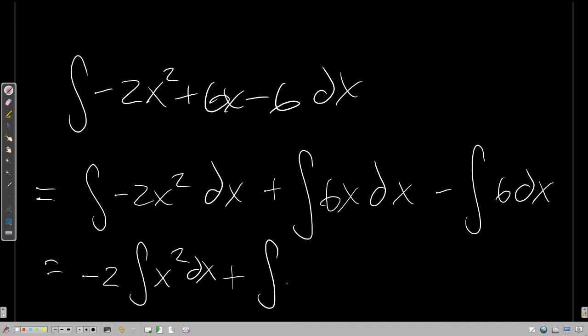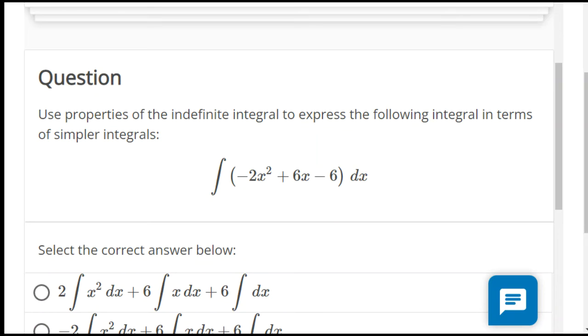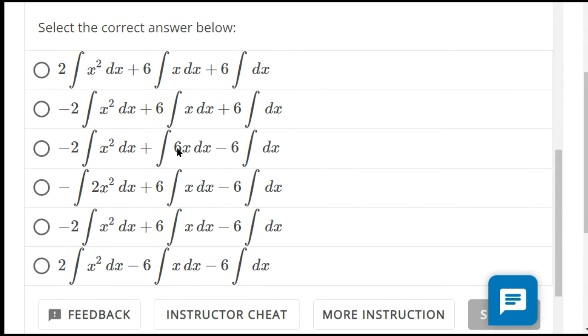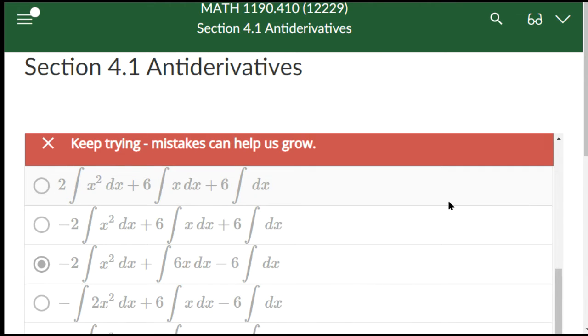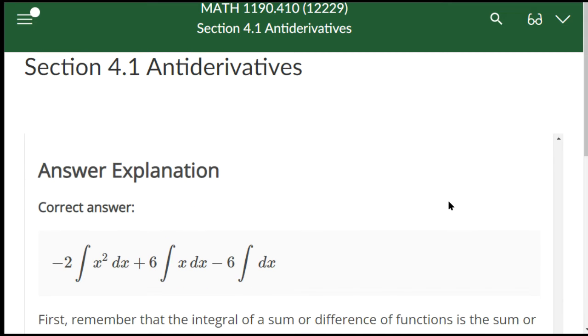And look what we have. We have this. Is that it? Yeah. Oh no! Did I just pick the wrong one?